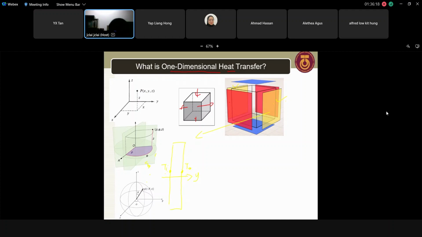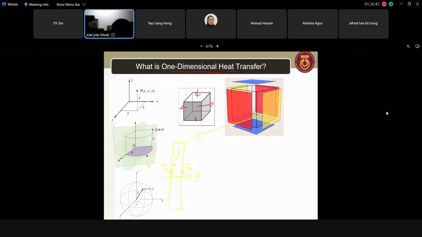In actual situations, heat can also move upward, right? To make our jobs easier, we set this assumption.